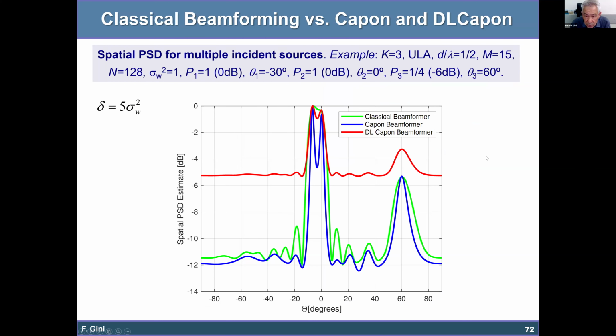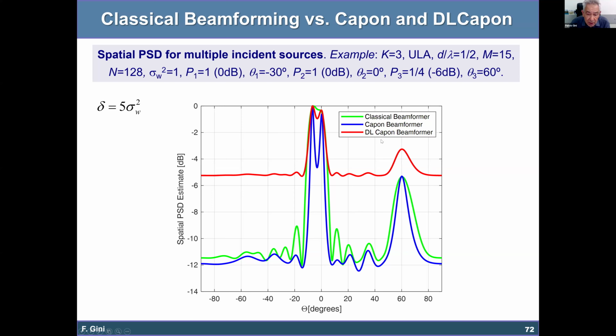There are three sources, so you see three peaks. This is the Capon beamformer. The green one is the classical beamformer that cannot separate the first two sources. The classical beamformer has not enough resolution to separate them.